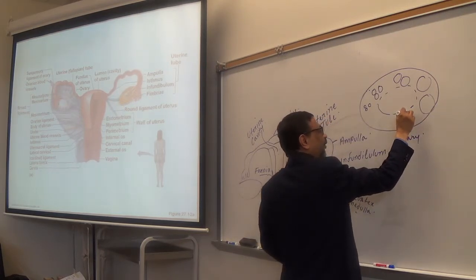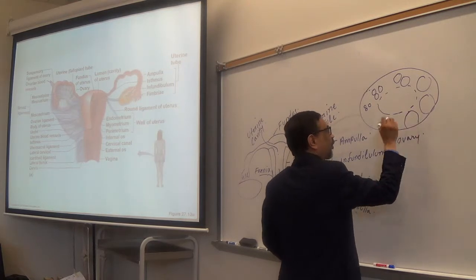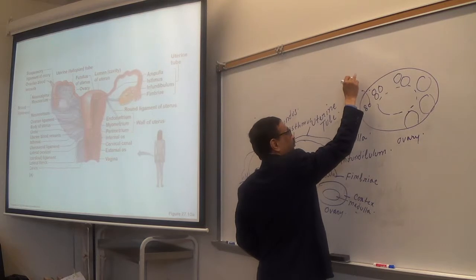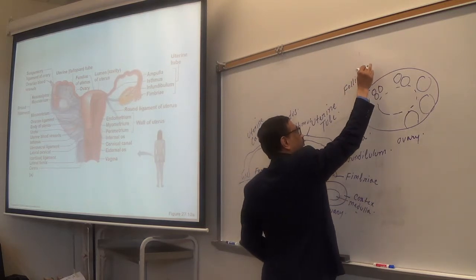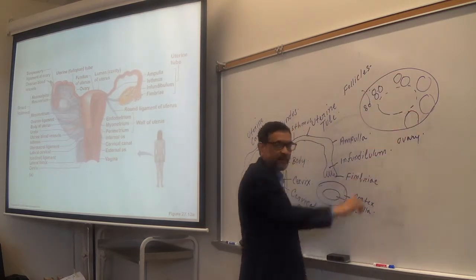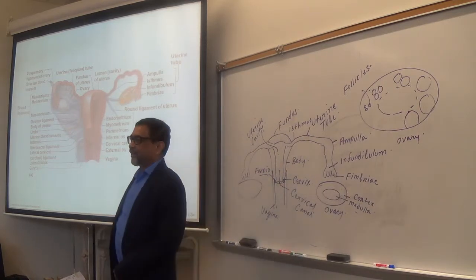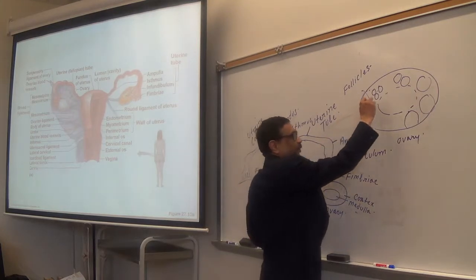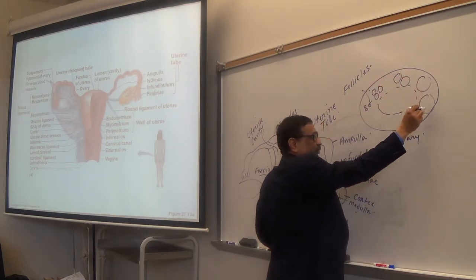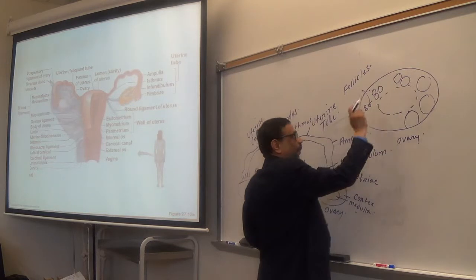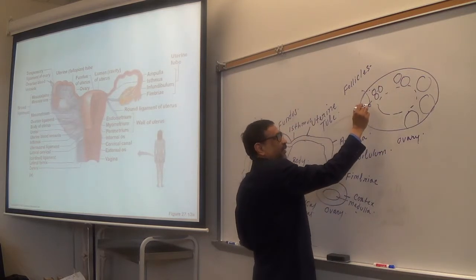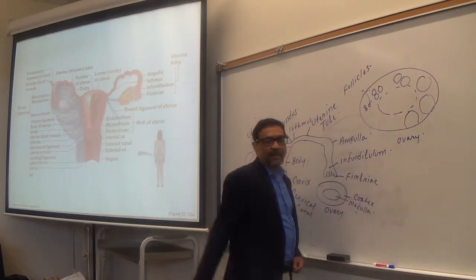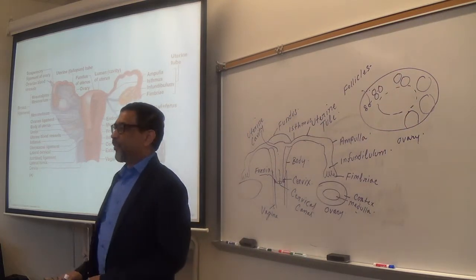All these are the follicles. And the follicles grow and get matured gradually. So you see here, these are tiny follicles, and gradually they get bigger and mature.